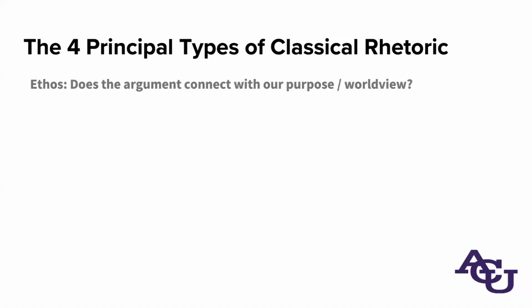And so the first of these is ethos. Now, it's tempting to look at ethos and say that sounds like ethics. And that is true to a point. But rather than fixating on that word, let's for now say that the argument made with ethos is one that is trying to express a certain worldview or purpose or view of things.